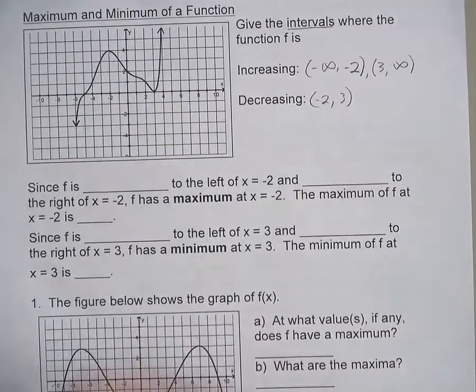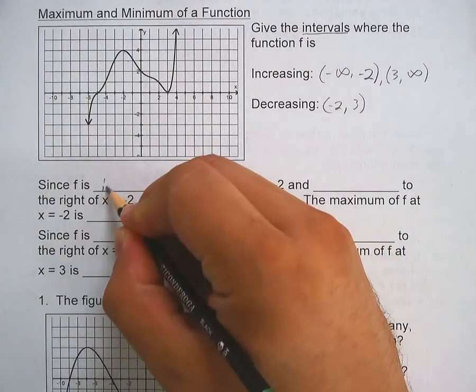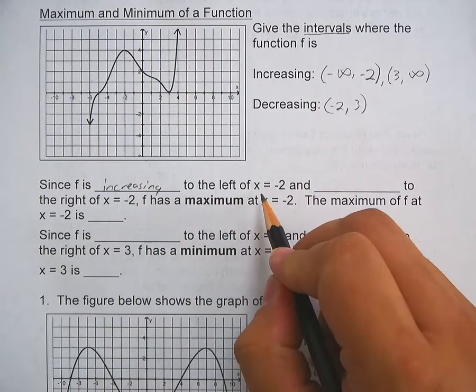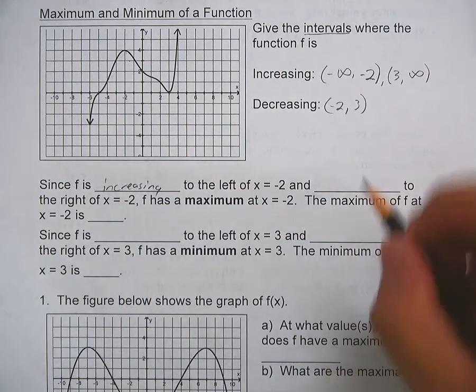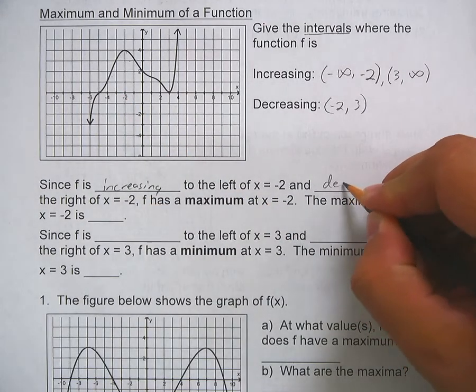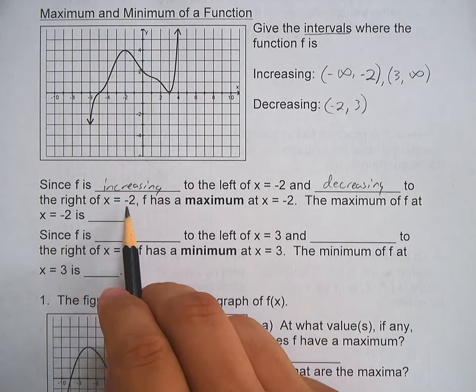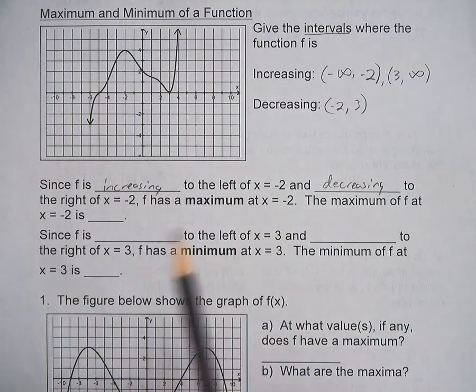All right. So a couple things here. Since f is increasing to the left of x equals -2 and decreasing to the right of x equals -2, f has a maximum at x equals -2.